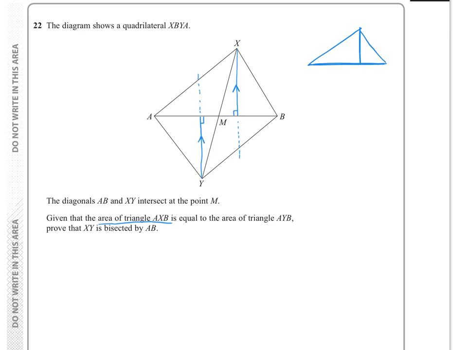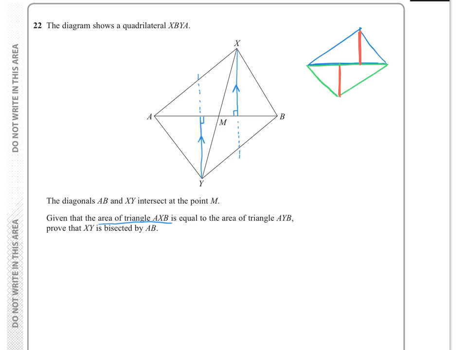But if we had the same base here, I'll change the colour, the same base here and a perpendicular height, and we times the base by perpendicular height and halved, if those areas are the same, it means that these must be the same as well. So I think that's quite important.